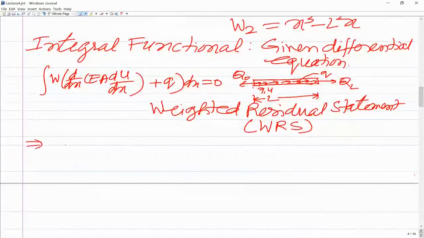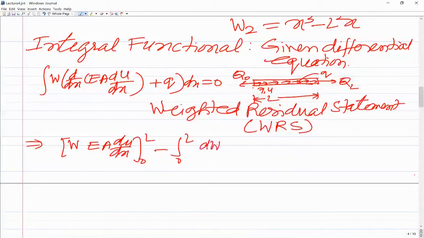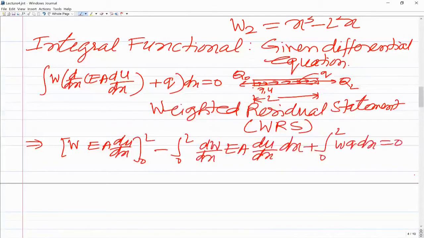The weak form is w times EA du by dx, the whole thing evaluated at 0 and L, minus integral 0 to L of dw by dx into EA into du by dx dx, plus integral 0 to L of w q dx is equal to 0. So this is the weak form.